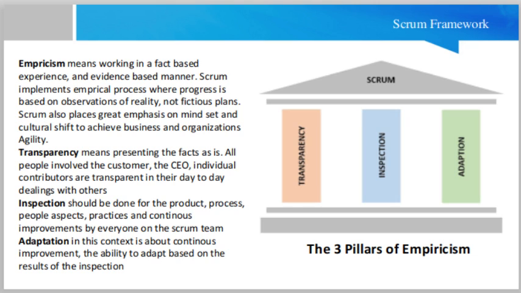Empiricism means working in a fact-based, experience and evidence-based manner. Scrum implements an empirical process where progress is based on observations of reality, not fictitious plans. Scrum also places great emphasis on mindset and cultural shift to achieve business and organizational agility.